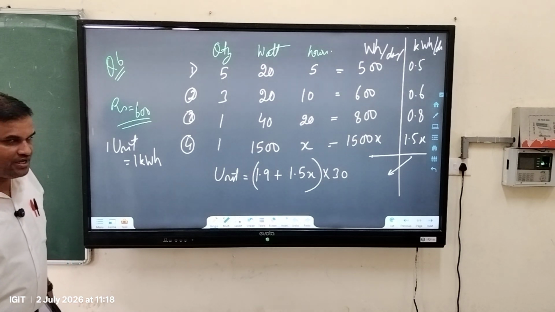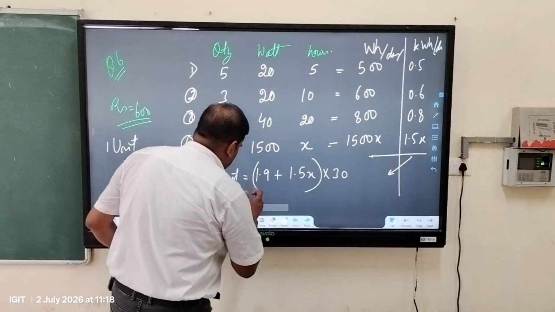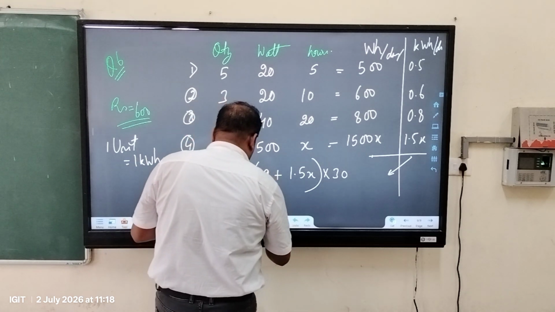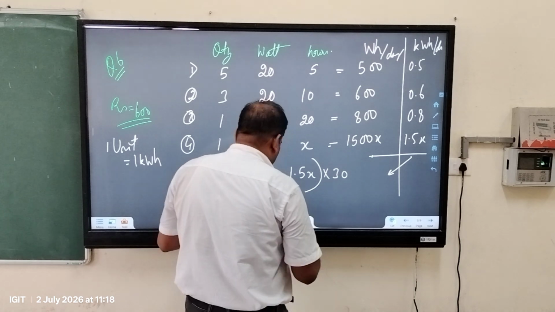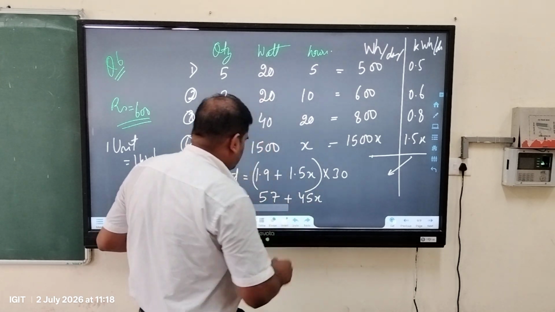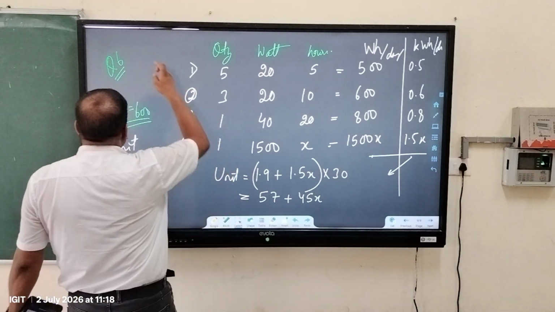So how is the electricity bill calculated? First let us multiply this. 30 into 1.9 is around 57, plus 45x. So this is the number of units it is coming out. Why did I multiply? I will tell you now.